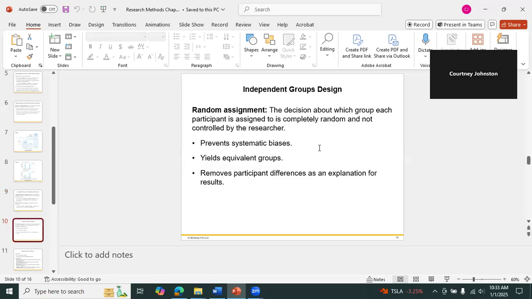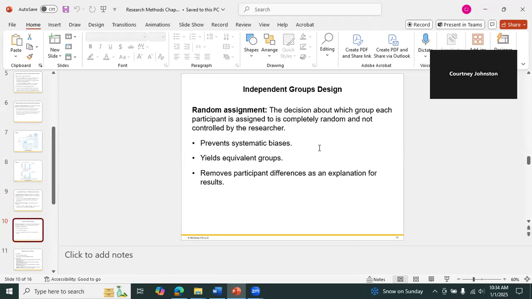And also, again, I cannot emphasize the random sampling method enough when it comes to experimentation. But with the random assignment, this is the decision about which group each participant is assigned to. It's completely random. It's not controlled by the researcher, and it prevents any sort of biases from the researcher or the experiment in general.